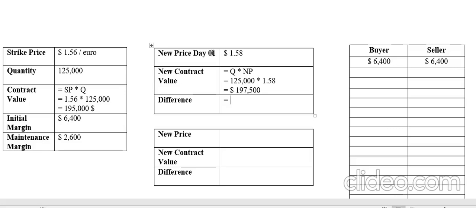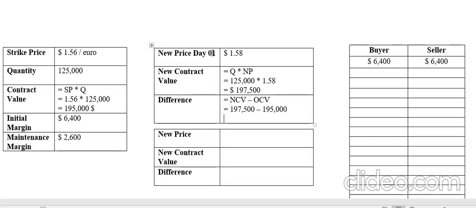The difference is the new contract value minus the old contract value. So the new contract value is 197,500 minus our old contract value of $195,000.